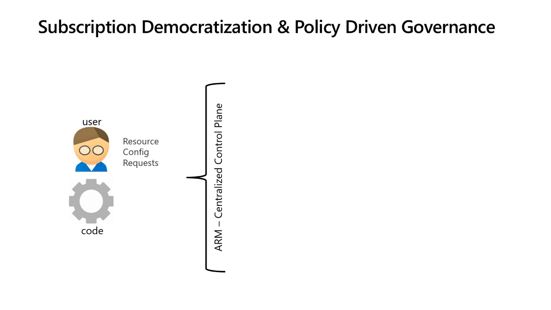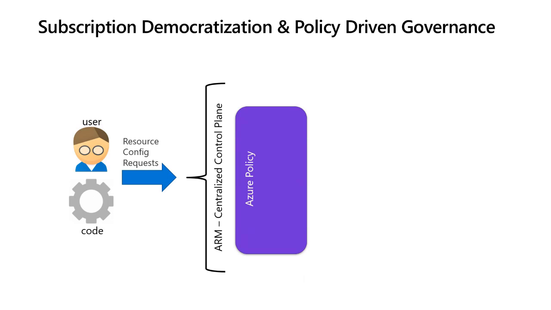And what we have here represents the front door. They have code in this case, or they're going to use the portal or whatever, and they're going to put that code into Azure. As part of all those requests, they will hit Azure Resource Manager, which is our control plane. Inside of that control plane, we have Azure Policy.